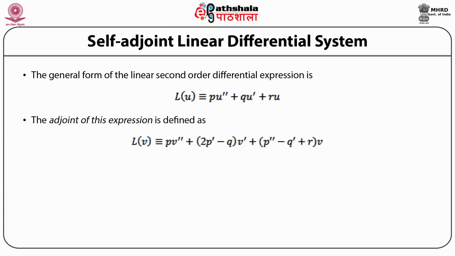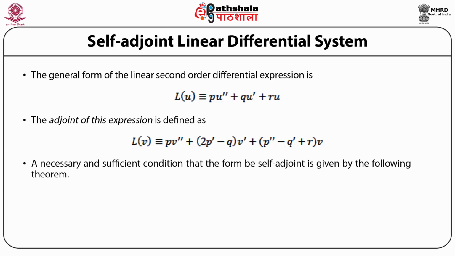The adjoint of this expression is defined as L of v is equal to p times v double prime plus v prime into (2p prime minus q) plus v into (p double prime minus q prime plus r).